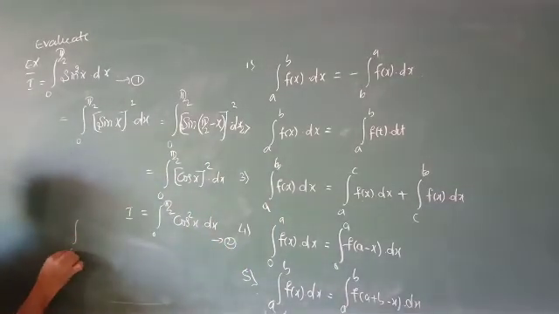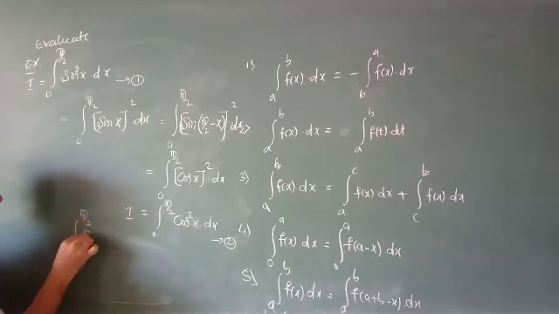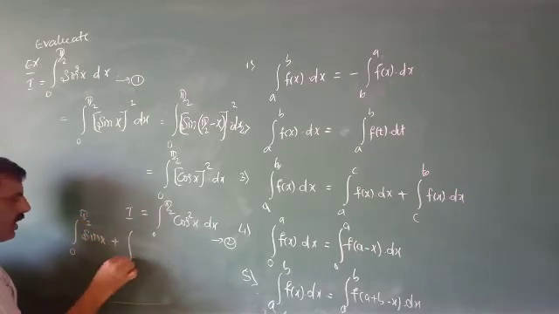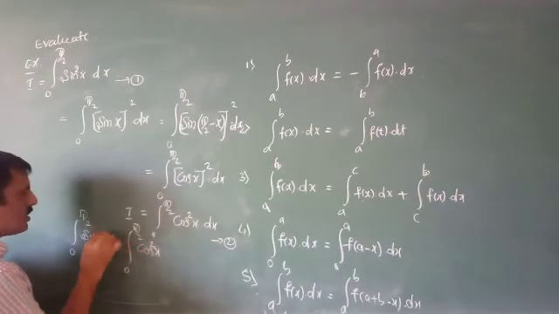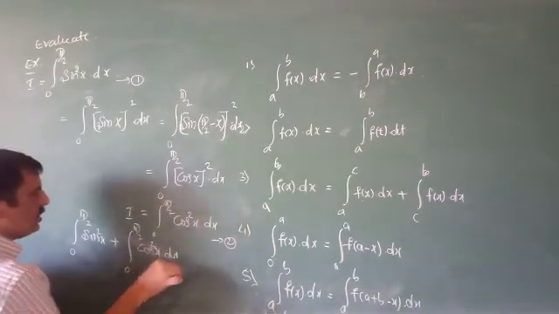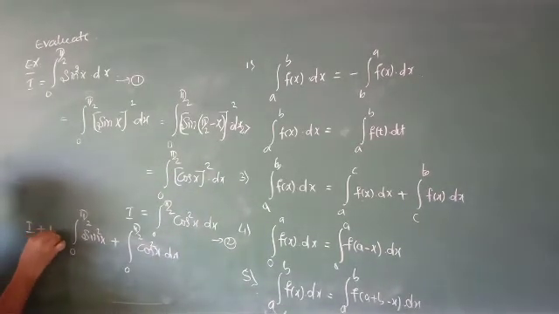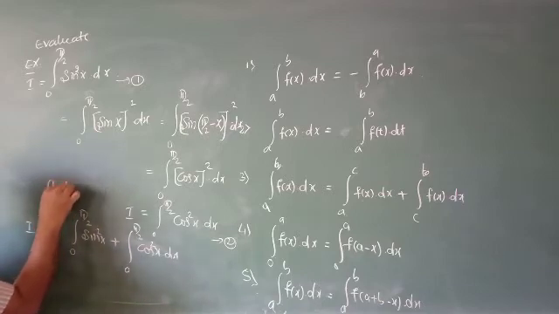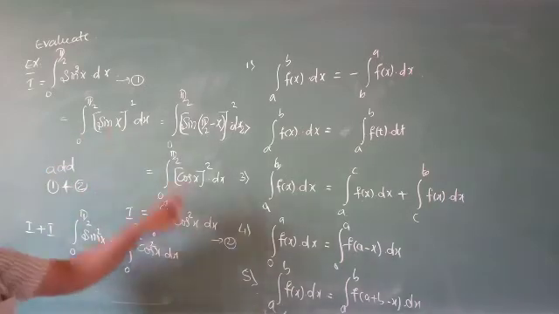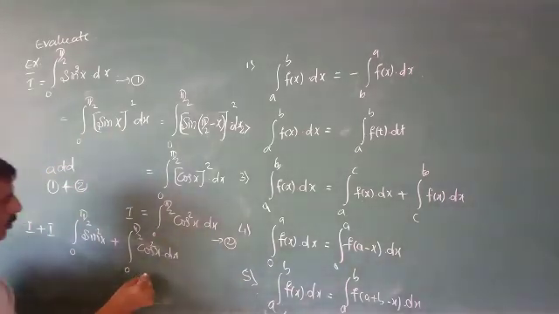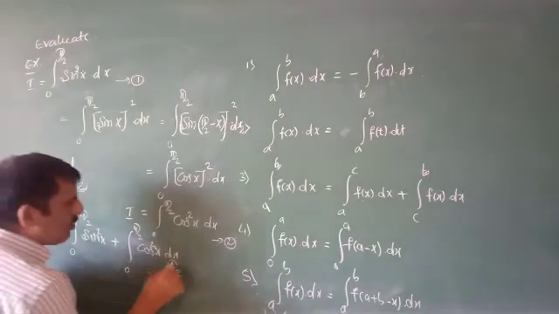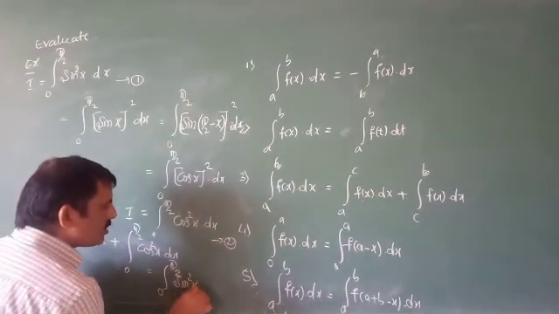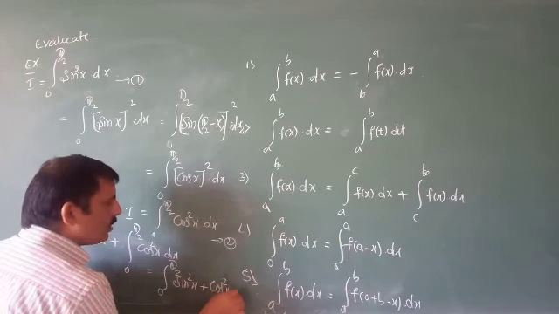Adding these two: integral of 0 to pi by 2 of sin square x plus integral of 0 to pi by 2 of cos square x with respect to x. So 1 and 2 are added together. Equal to integral of 0 to pi by 2 of (sin square x plus cos square x) with respect to x.